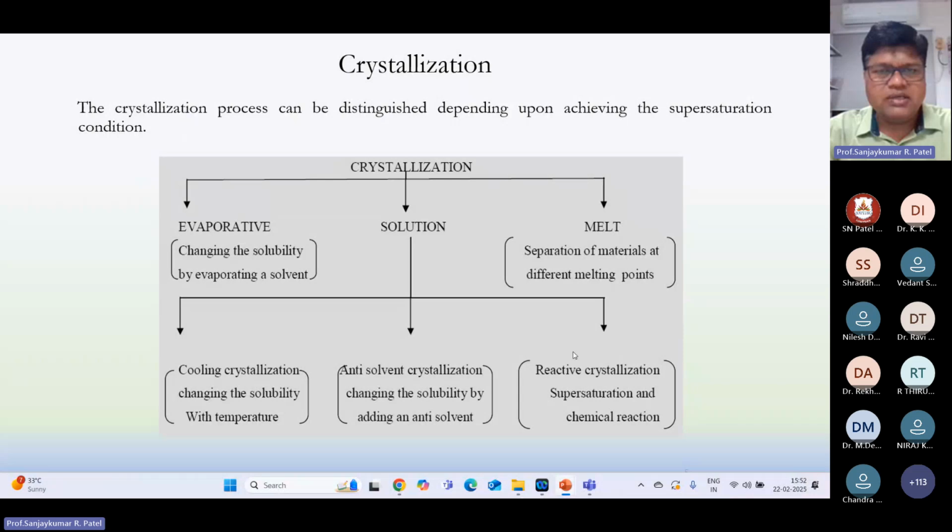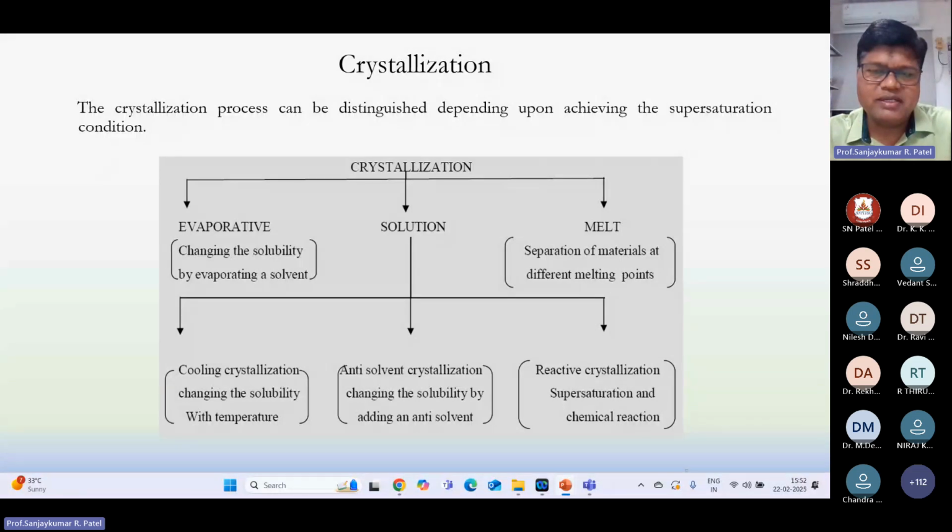So the overall crystallization process can be divided into three factors: the solute, then the solvent, and then the supersaturation. So we have to focus on these three words.